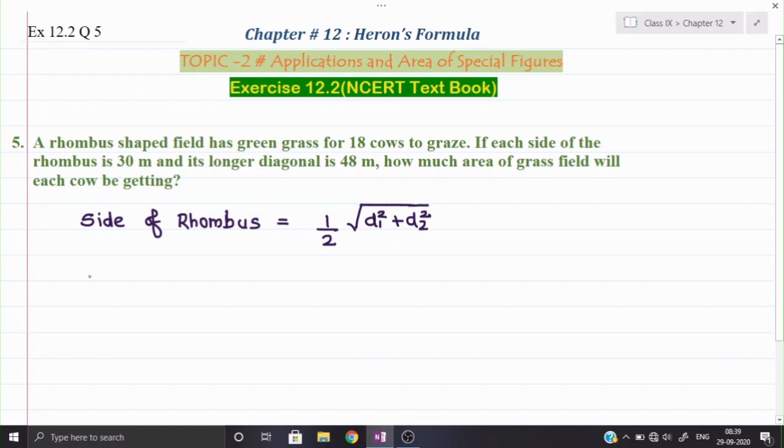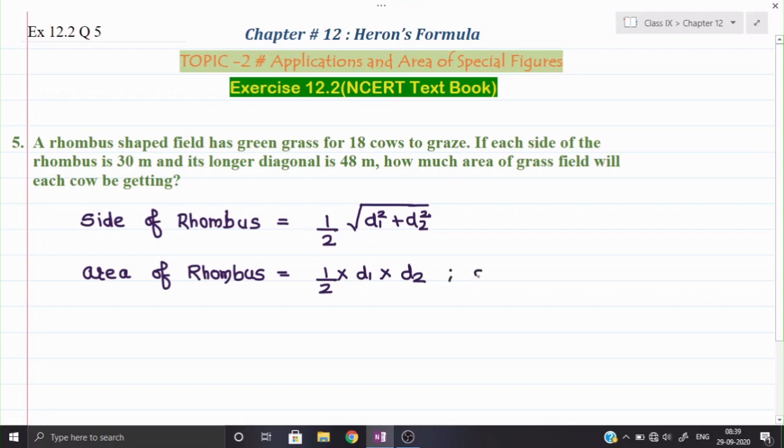And second formula is area of rhombus is equal to 1 upon 2 into d1 into d2.